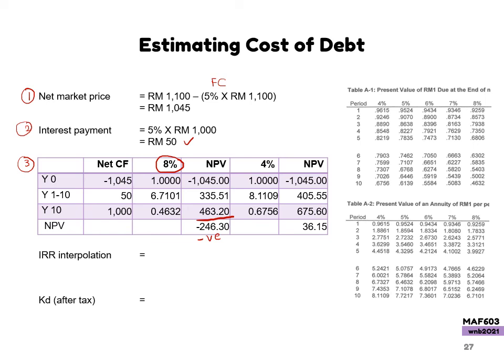Dengan harapan dia akan bagi I positive NPV. So here, I choose 4%. So bila I buat NPV table, kalau I guna 4% rate, I akan dapat NPV sebanyak RM36.15, which is positif lah. So tercapailah I punya objektif nak cari dua rate, yang satu bagi positif, satu lagi bagi negatif.